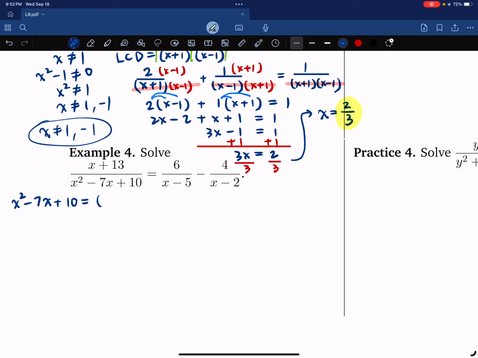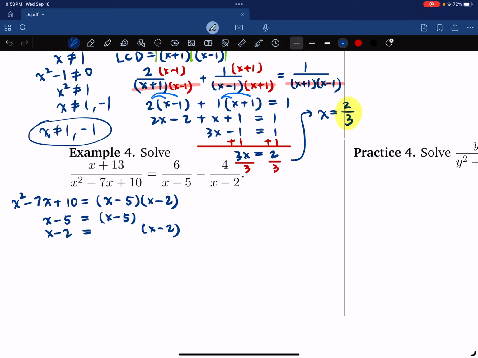If I factor it, you might guess it, it's just the other two denominators that you see, x minus 5 and x minus 2, and you could verify that it will give you negative 7x in the middle. Second denominator is x minus 5, it will turn into x minus 5. And then the last denominator, x minus 2, will turn into x minus 2.